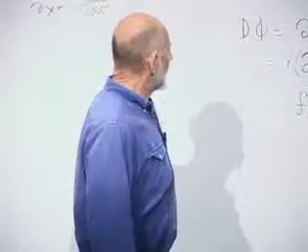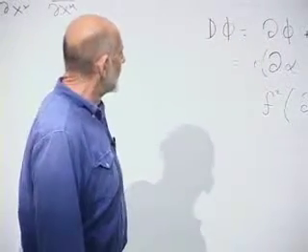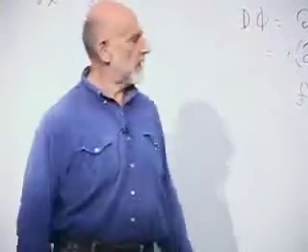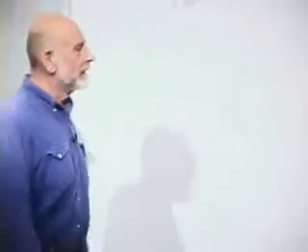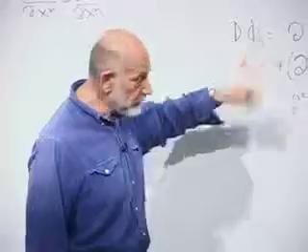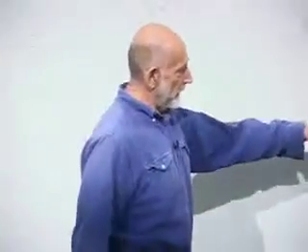Let's see. Yeah, I times minus I is 1. You scared me for a minute. Well, it's not I squared, it's I times minus I. Well, the complex conjugate involves minus I. Okay. So what do we get? We get this expression over here.